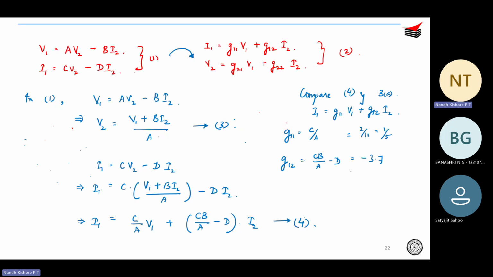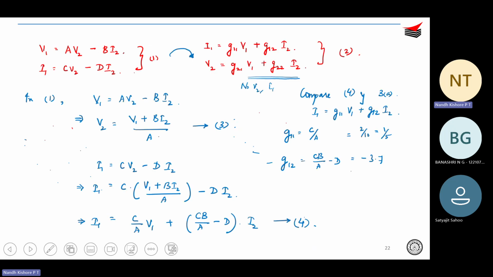See, in the G expression, there is no V2 on the right hand side, right? There is only V1 and I2. So no V2 and no I1, which means that you can eliminate V2 and I1.